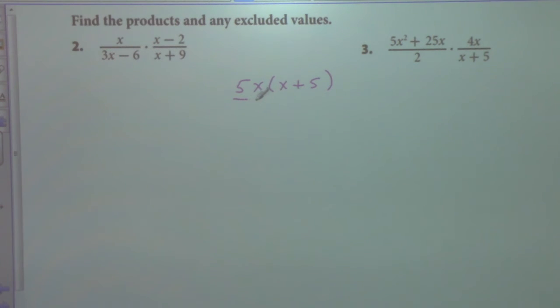And then I did times 4x over x plus 5. And then x cannot equal negative 5, so that's going to be the excluded value.